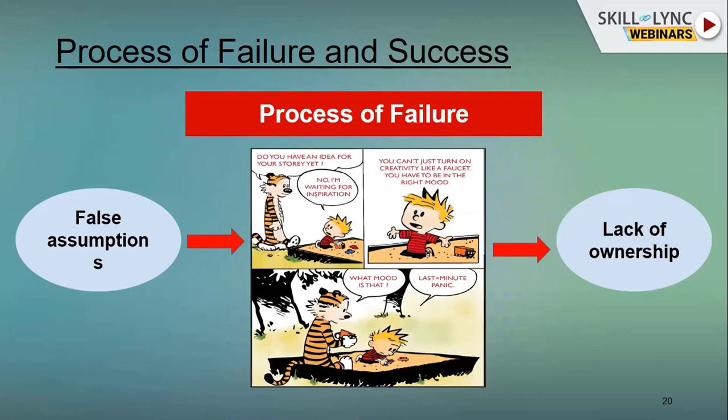And then there is definitely a failure at the middle or the start of the project, depending on the nature of the work, which ends up as a lack of ownership. A contract manager will never say that my work is over for this project. Until the successful handing over or closure of the project, he should not take his hands off that particular contract.